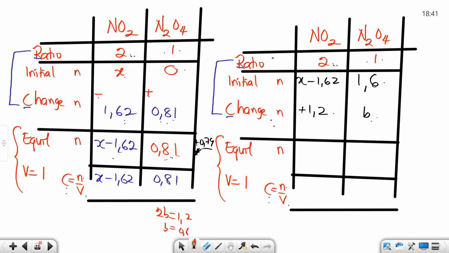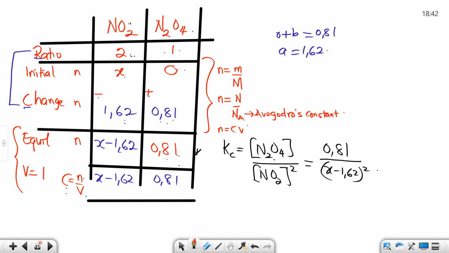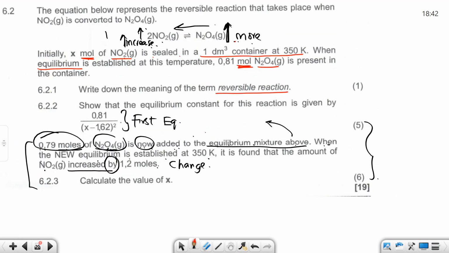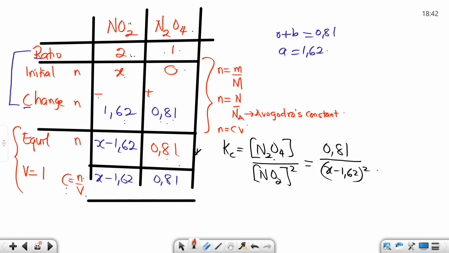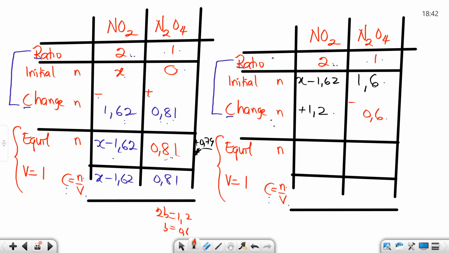What is b? 0,6. Thank you very much. Now here's the thing, guys. Remember, we had increased this one. What will the system do? It will use it quickly. If it's using it, what's going to happen to the quantity? Lovely. It will decrease. I just wanted to tell you something here. It will decrease. Minus. We can now solve.